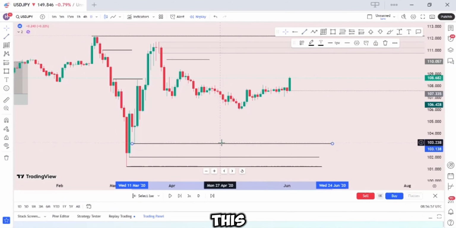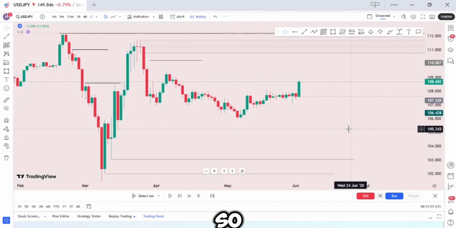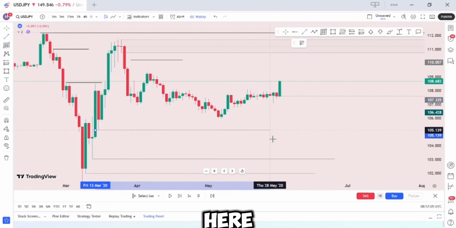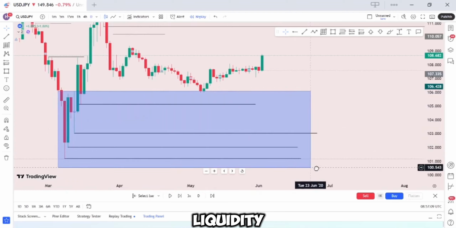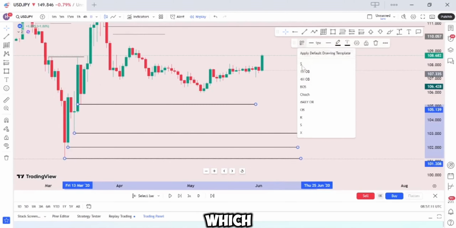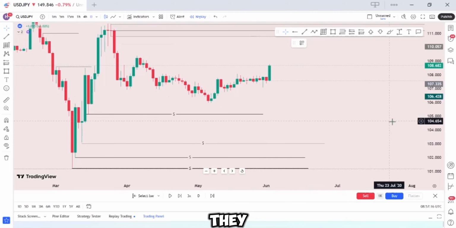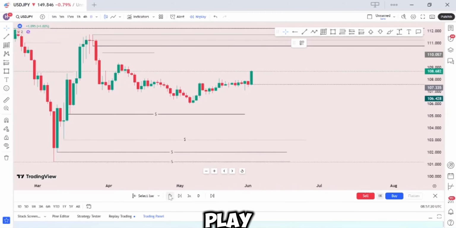So we are expecting this liquidity to be taken out before anything else. These are our liquidity traps in which we are expecting the market to come and sweep before a move to the upper side. So let us play and see what happens.